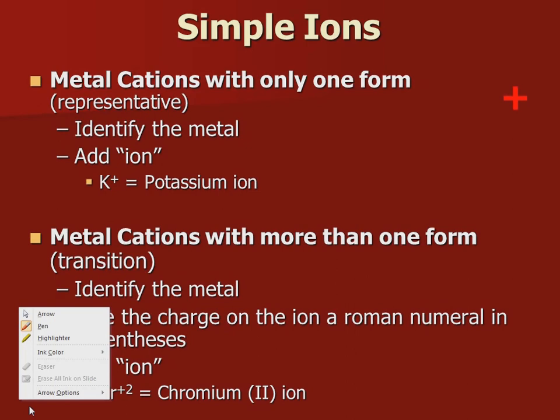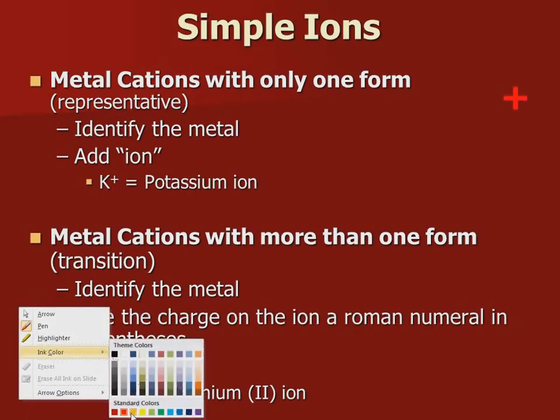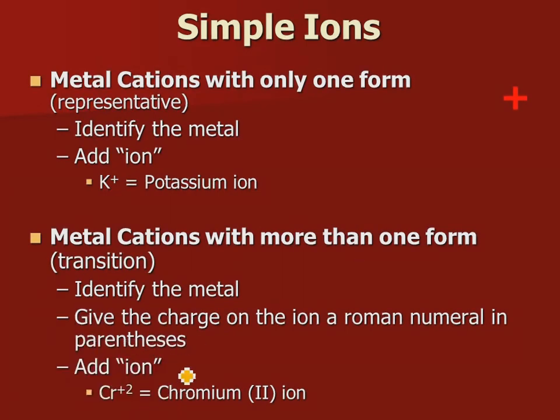So, for instance, here I have the metal chromium, Cr, and because it's donated 2 electrons, it's chromium 2. If it had donated 3, it'd be chromium 3. And these are just some rare transition metals that we end up having.